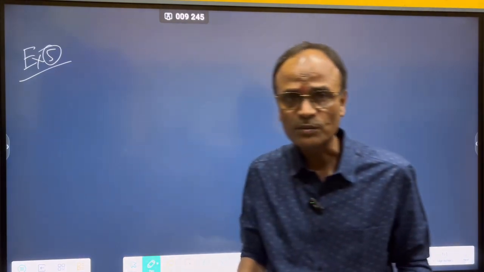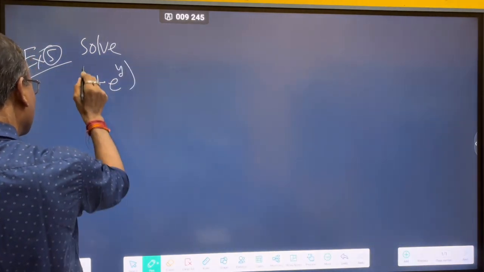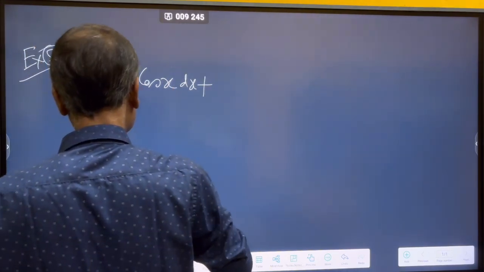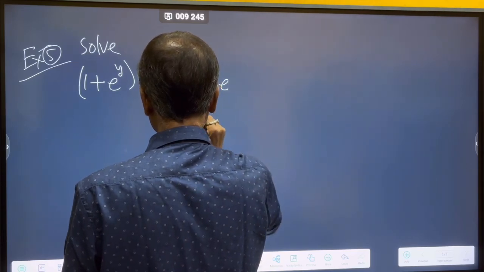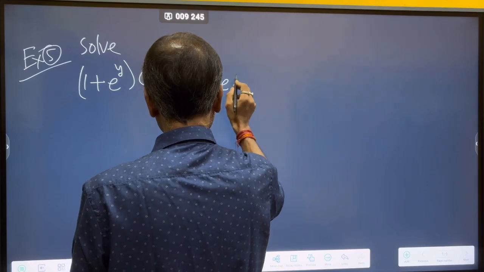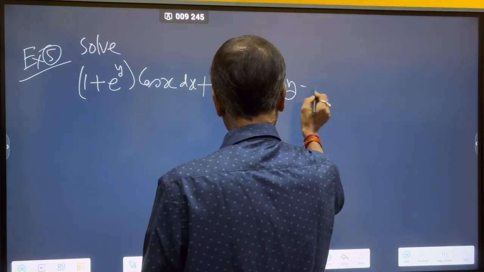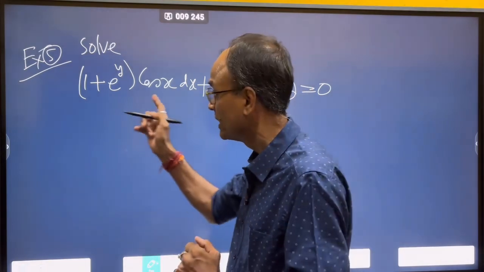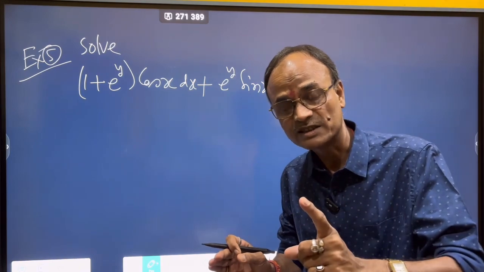Since we solved 4 questions in the last class, solve (1 plus e to the power y cos x) dx plus (e to the power y sin x) dy equal to 0. Suppose we have to solve this differential equation. We shall solve all exact differential equations in 2 ways.